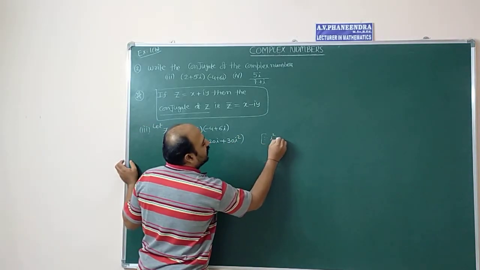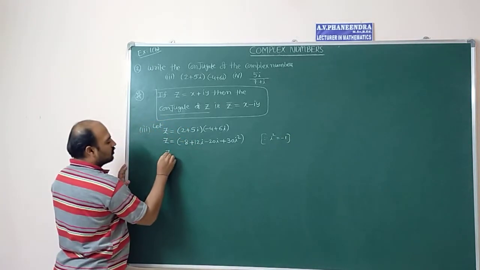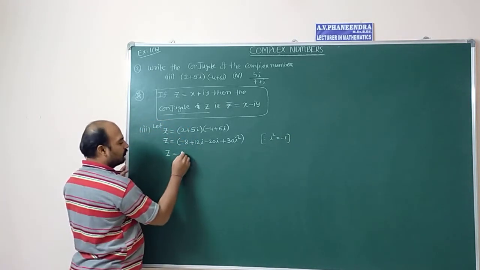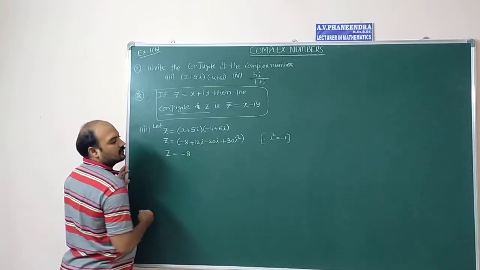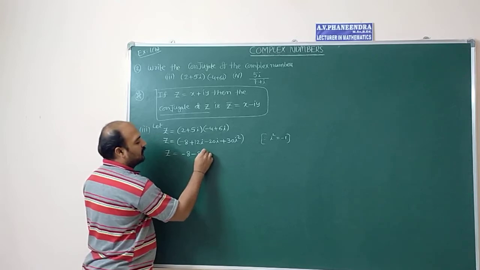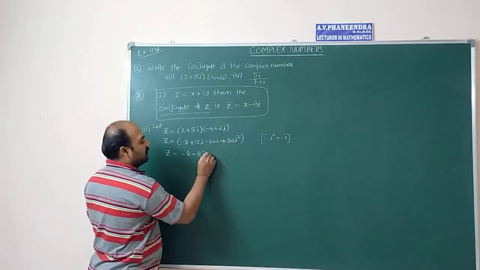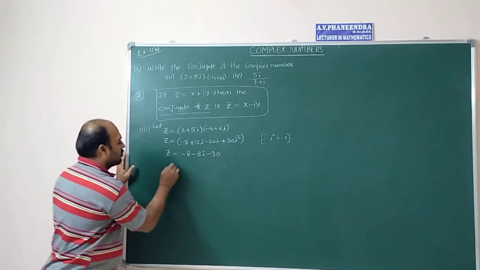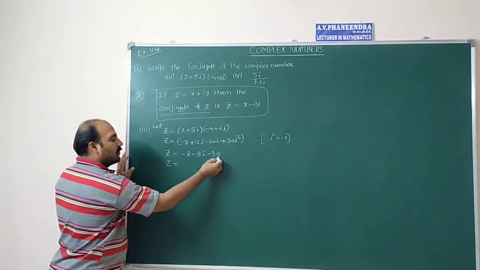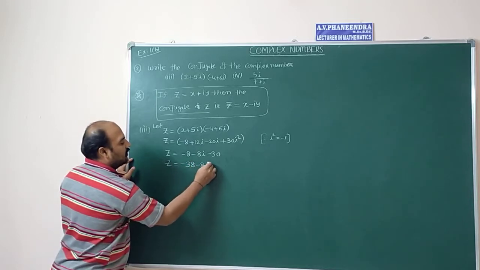Since i square equal to minus 1, so Z is equal to minus 8, 12i minus 20i, and 30i square value is minus 1 into 30, minus 30. So Z is equal to minus 38 minus 8i.